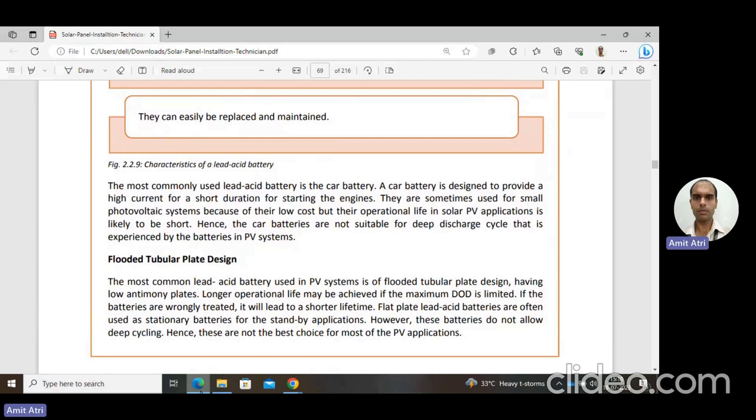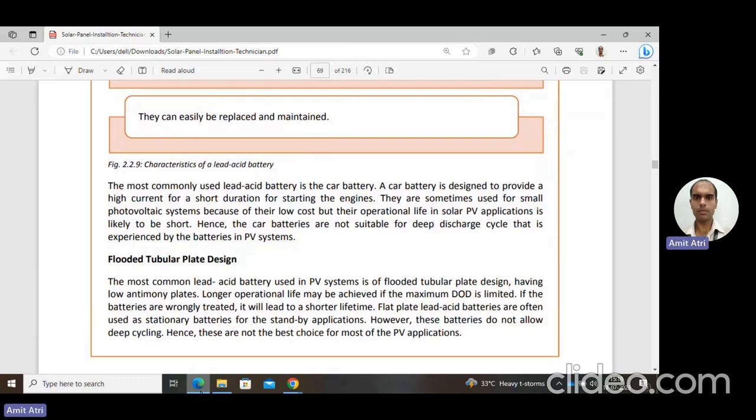Another one is the flooded tubular plate design. The most common lead acid battery used in PV system is of this flooded tubular plate design. It has low antimony plates. If the DOD, depth of discharge, is maintained and limited, then the lifespan becomes larger.